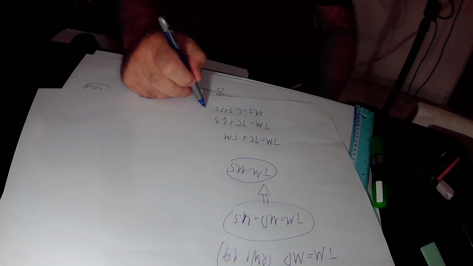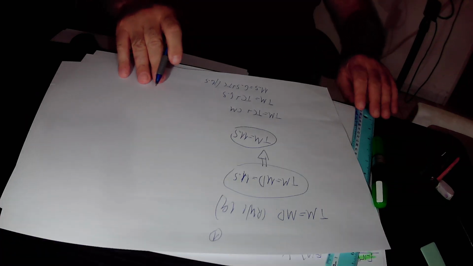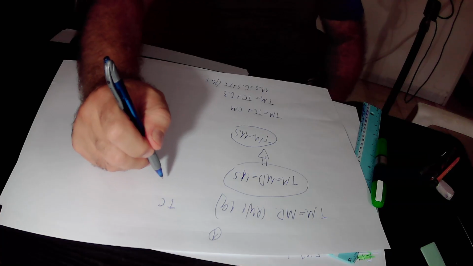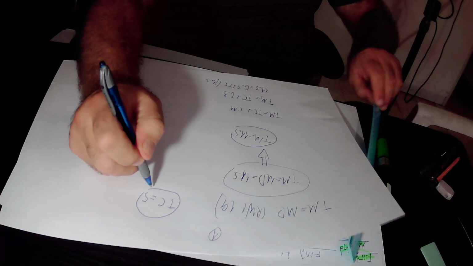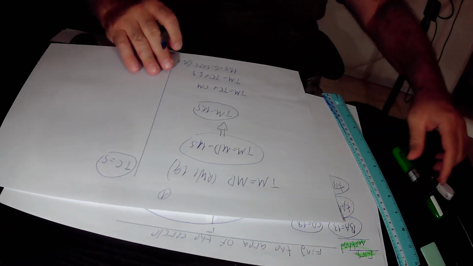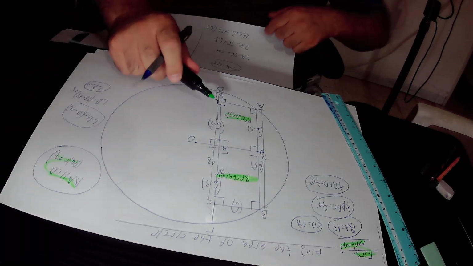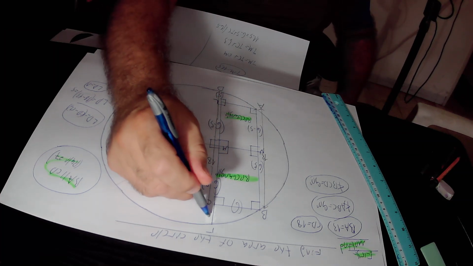Here we subtract 6.5 from this equation and we get that the missing side TC is equal to 11.5 minus 6.5, which is 5. So TC equals 5 units in its length. This is the short line segment TC. This equals 5 units in its length.